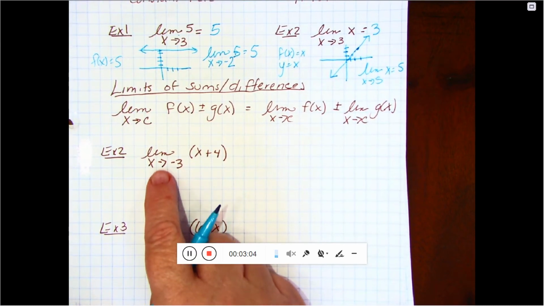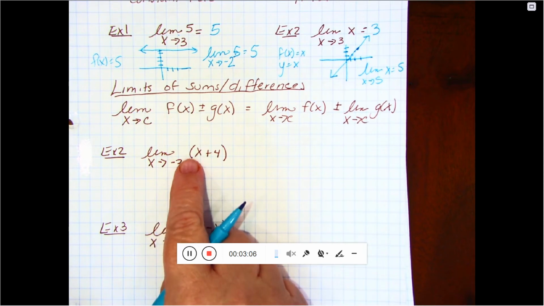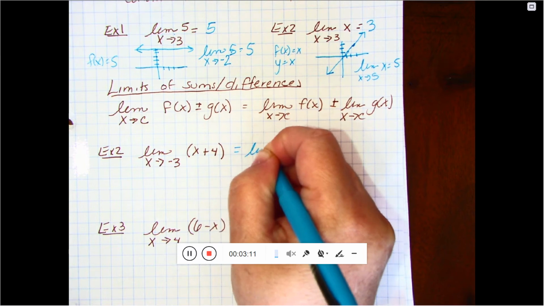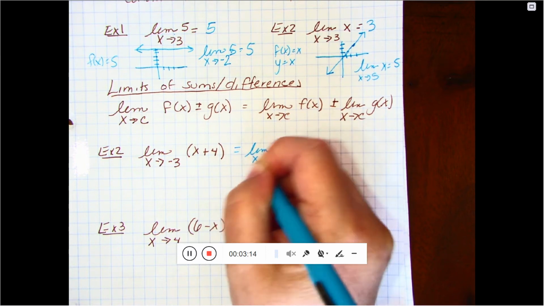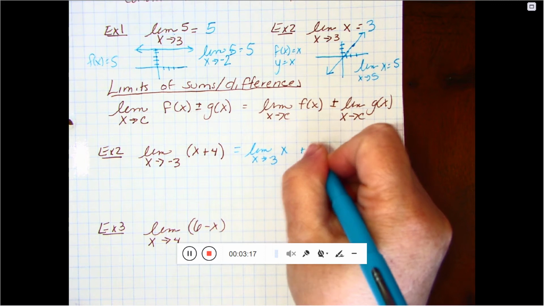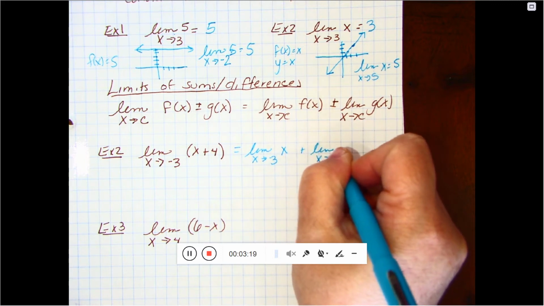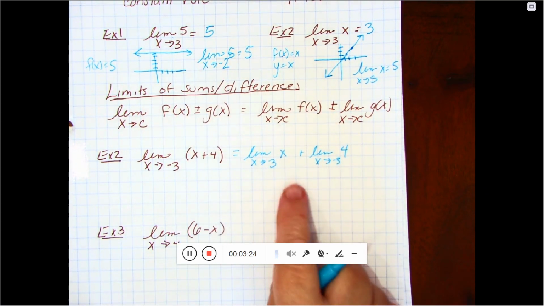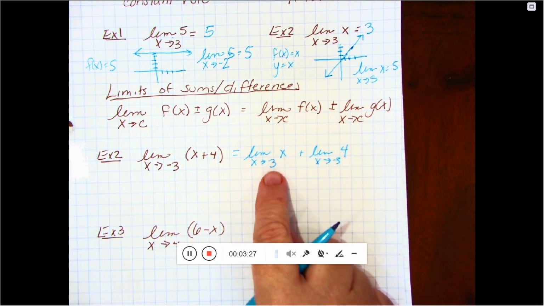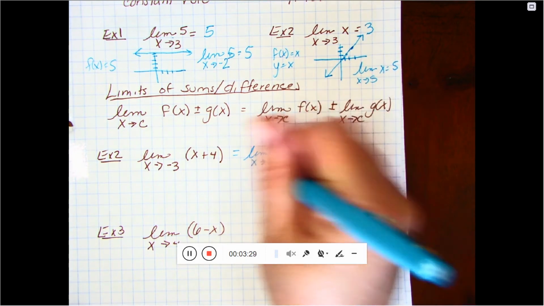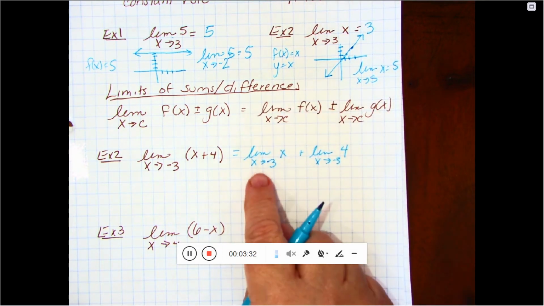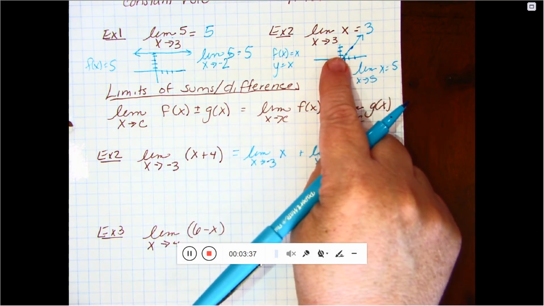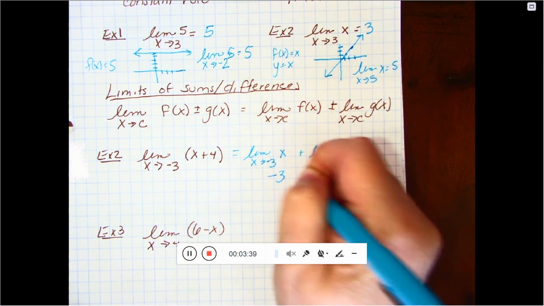So example 2, if we look at the limit as x approaches negative 3 of the function x plus 4, that's equivalent to the limit as x approaches negative 3 of x plus the limit as x approaches negative 3 of 4. So these actually combine the two rules above. The limit as x approaches negative 3 of x, we know from the linear rule, is negative 3.